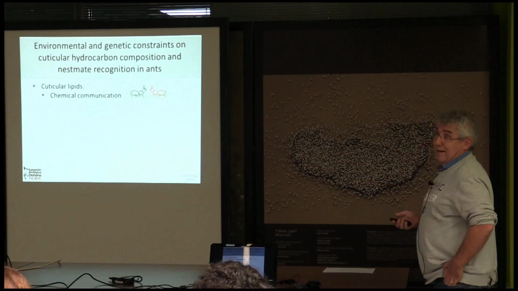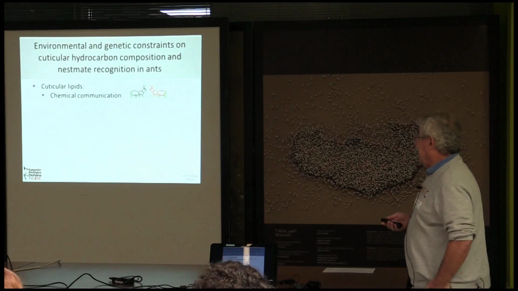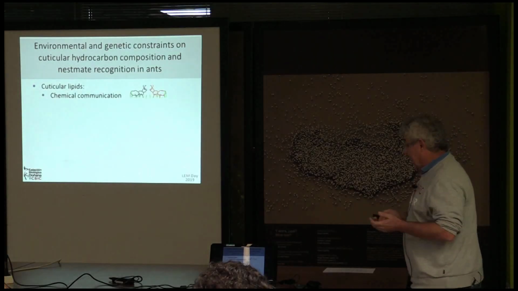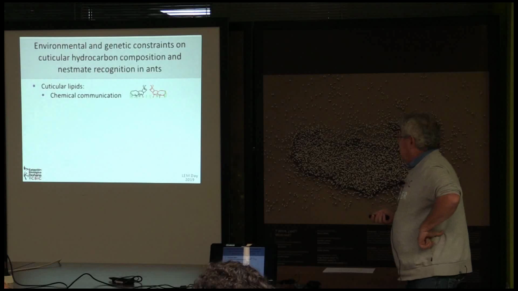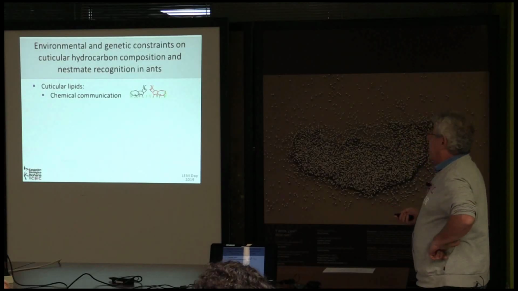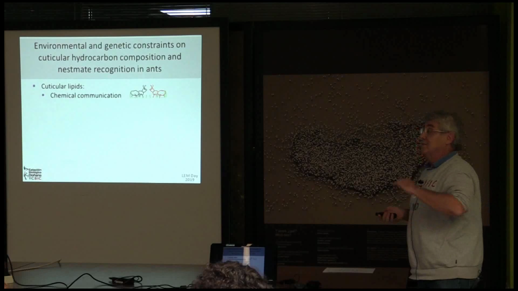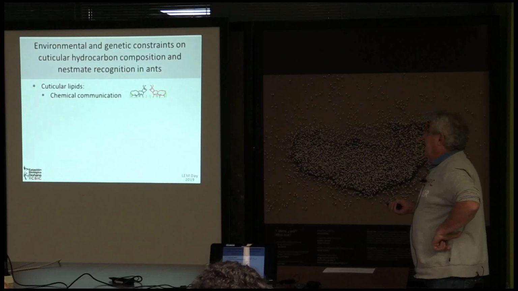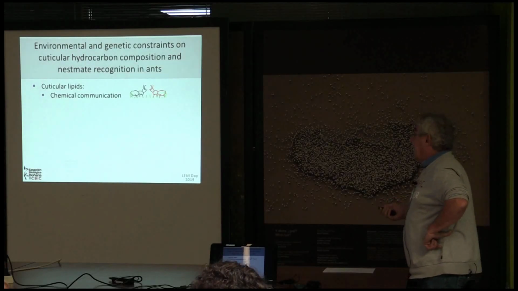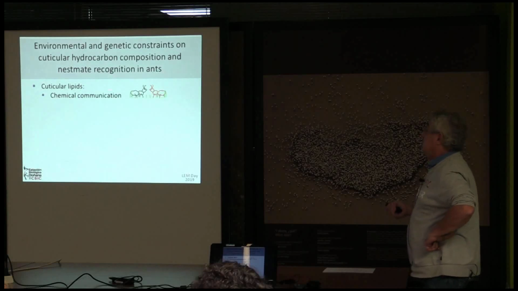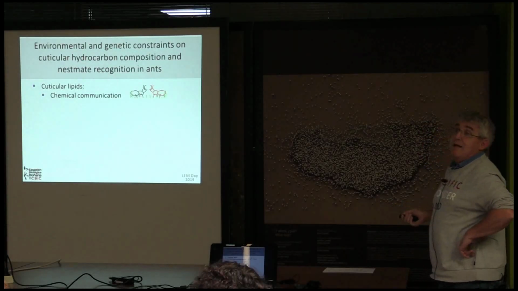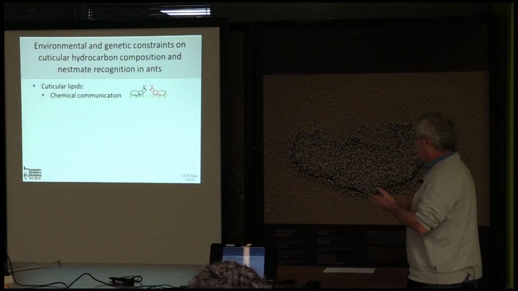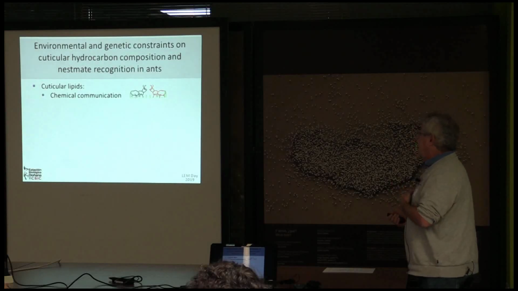Well, the first thing is to explain a little bit about ants. What are ants? What are cuticular hydrocarbons? I think everyone knows very well what an ant is, but the role of cuticular hydrocarbons, cuticular lipids, the layer under the cuticle, is a role in chemical communication, used for nestmate recognition, from colony recognition to know if it's an intruder or if they belong to our own colony.